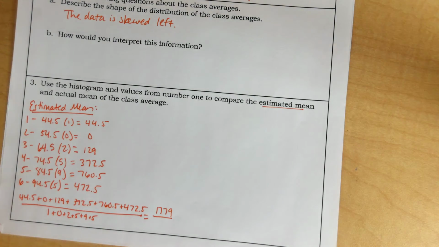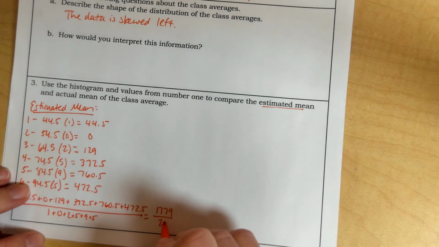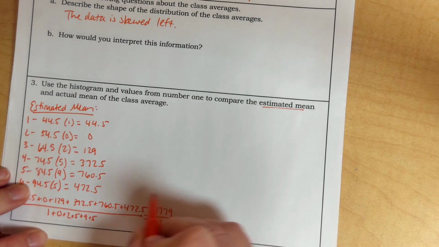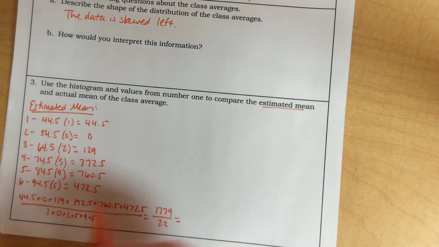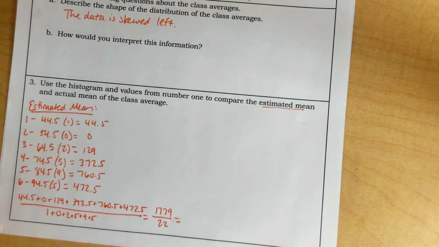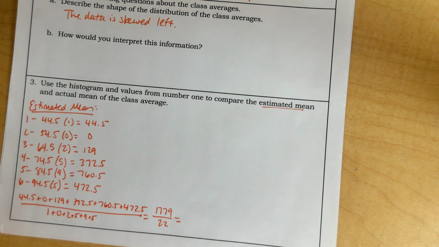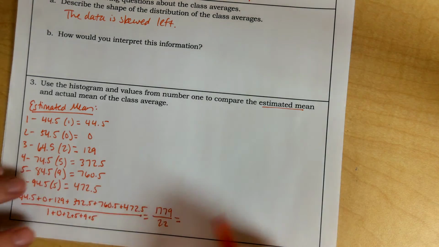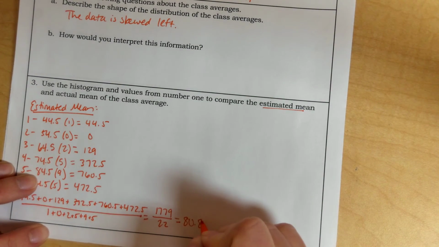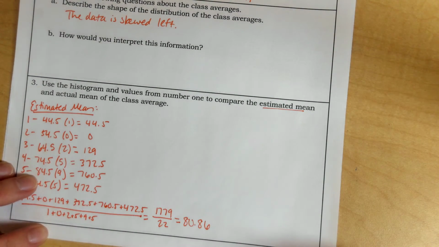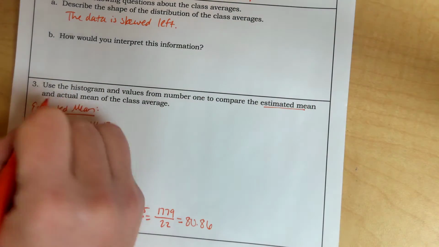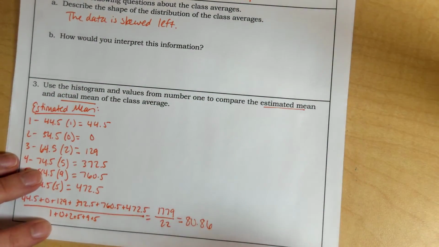And then we have 1 plus 0 plus 2 plus 5 plus 9 plus 5, so a total of 22 students here. So our estimated average, when we divide that, is a value of 80.86.